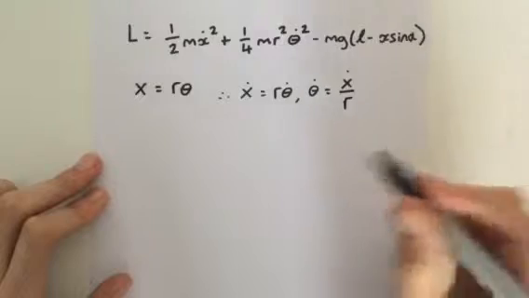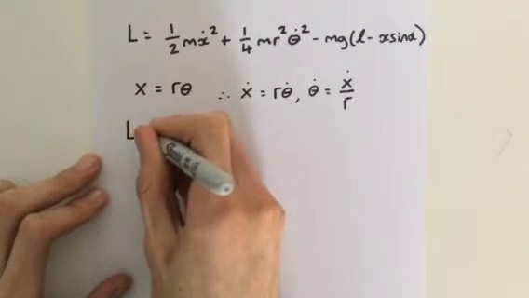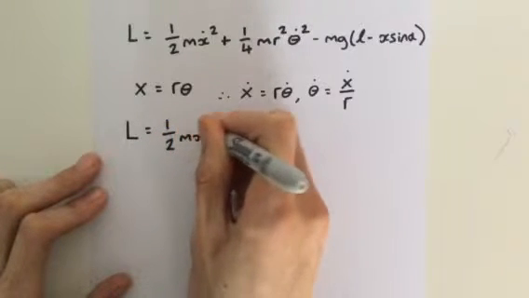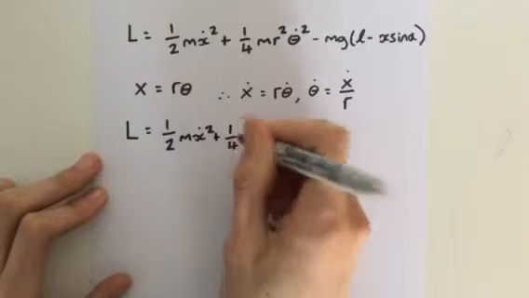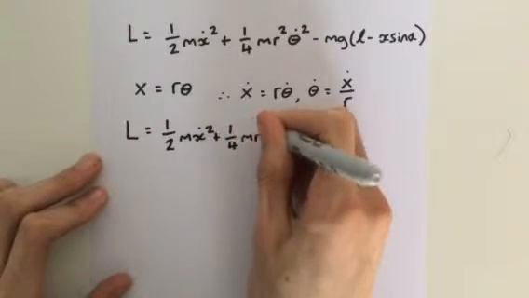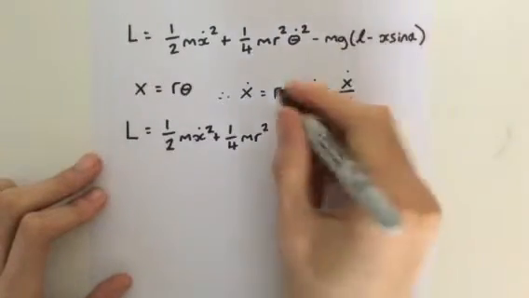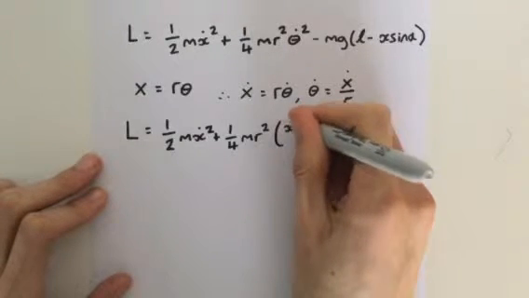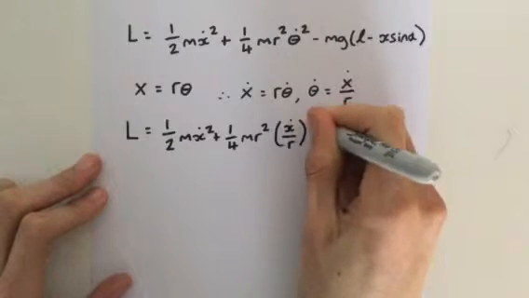So our Lagrangian, therefore, is going to equal our translational kinetic energy, a half mx dot squared, plus a quarter mr squared. Now we have theta dot squared. Well, use this equation, and we're obviously going to get x dot divided by r, all squared.